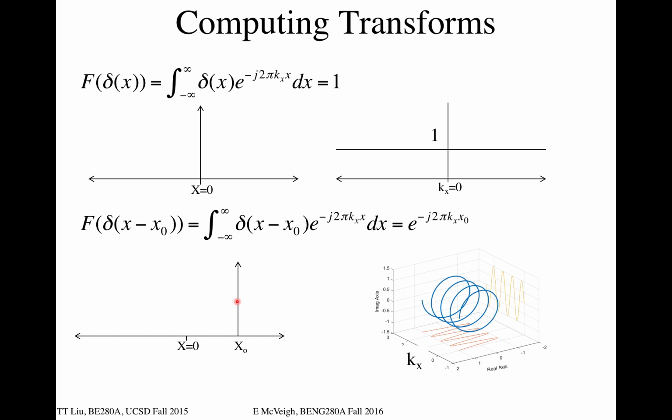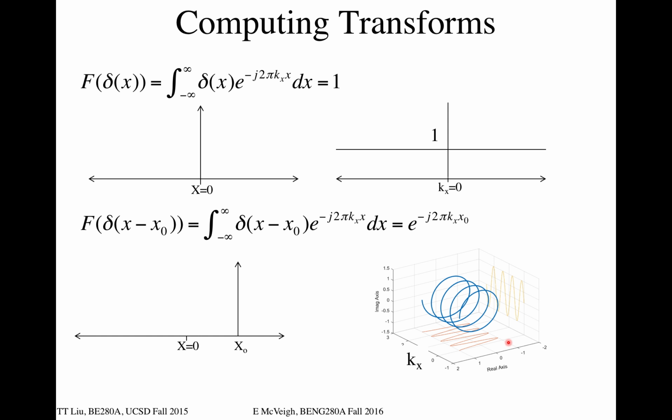When I shift the delta function off the origin, what we get is a very interesting function that has unity. It's still 1 everywhere, but as kx changes, the phase of the function oscillates between the real and the imaginary component. So as a function of kx, it's still 1 everywhere.